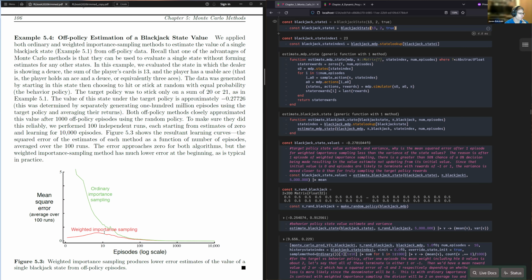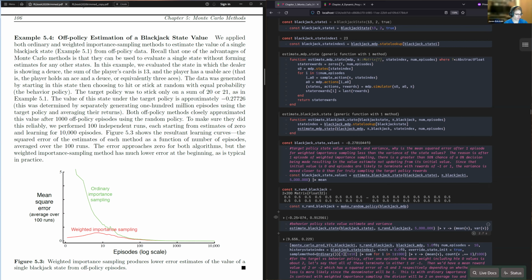The claim is that weighted importance sampling has lower variance, meaning the mean squared error from the true value is better. This is a close estimate of what the value is, and it's calculated by collecting samples from the target policy. So this is what the value should be.